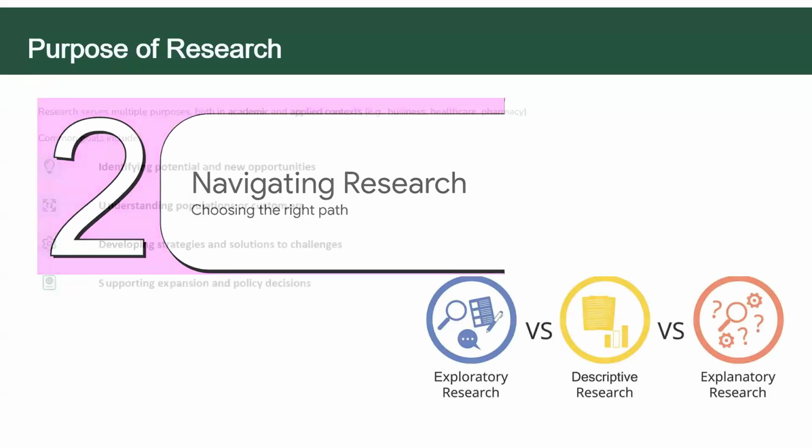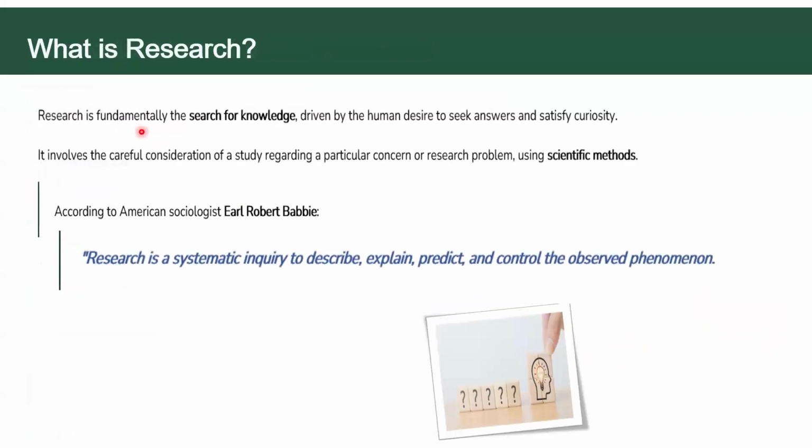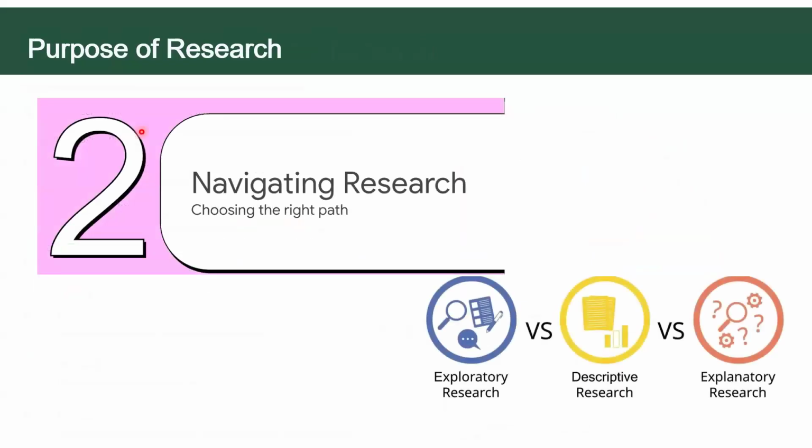So number two: we have discussed what research is. Research is basically the search for knowledge. What we are doing, we want to conduct research, and why we are doing it, these are the different purposes. And now, for the purpose of doing research, what path you have to choose.